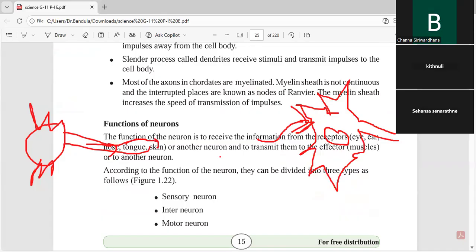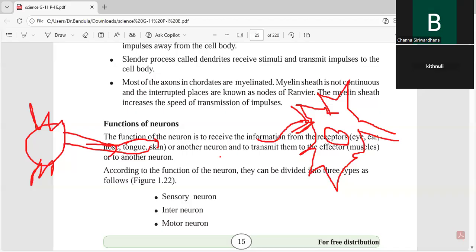Kitnuli has selected biology. Kitnuli, you are going to do biology. Yes, sir. Right.